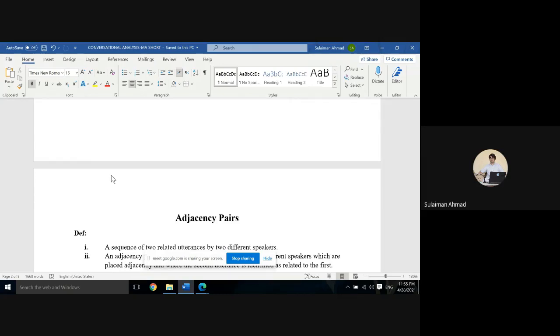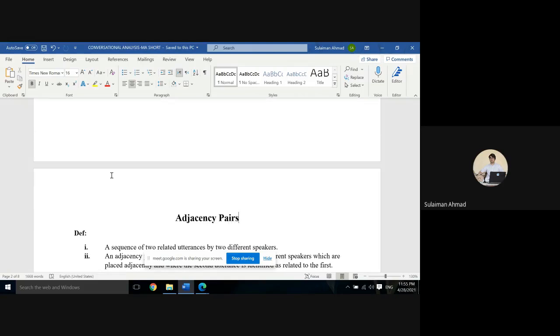Or in the room adjacent to my office. So adjacent to means very next to or very close to. That is what we mean by adjacent, right? Pair means a pair of two, a group of two. When there are two things, we say a pair of socks, for example, right?